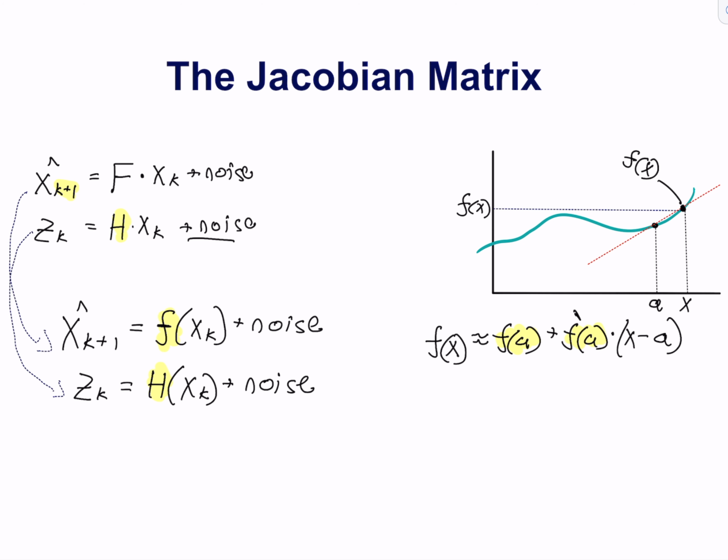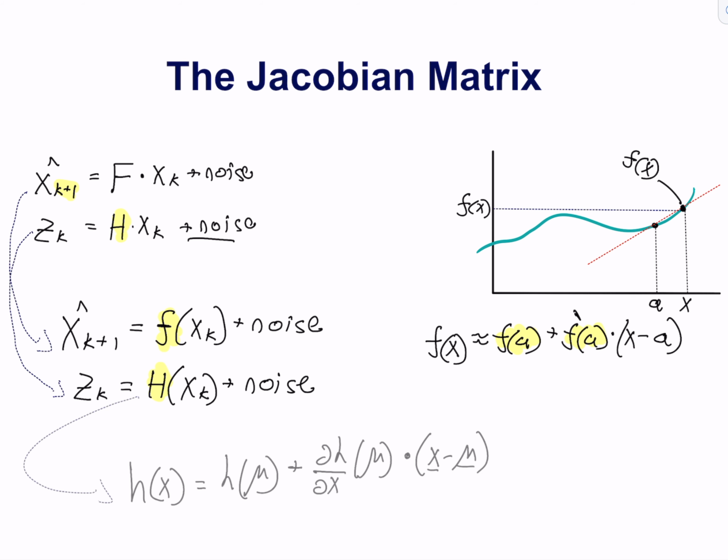Now we want to take this function and expand it to multiple dimensions. Let me demonstrate it on the H function, or the H matrix. What I get is the following. H of x equals h at point mu, and we always expand this around the point mu, which is the point with the most samples.